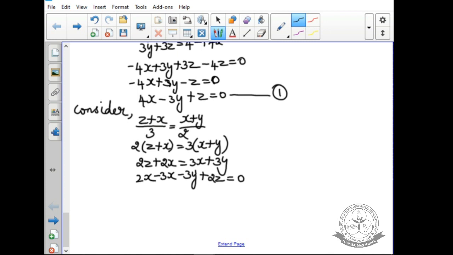Simplifying, we are getting the answer as minus x minus 3y plus 2z equal to 0. Since the beginning term is minus, dividing by minus 1, we are getting x plus 3y minus 2z is equal to 0. Take it as the second equation.